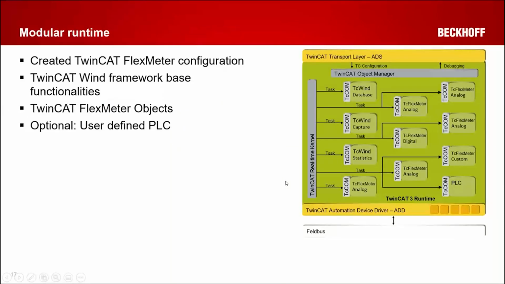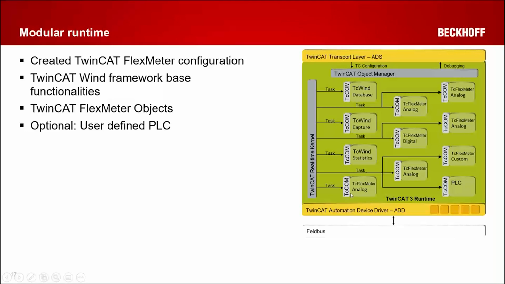In the end of the day, we are using for TwinCAT FlexMeter our modular runtime, as Niels explained before. So in our example, we are using a lot of different TcCOM objects, which are called directly from our real-time. So we have base objects like the database access or storage, or capture raw data and capture statistic data. And next to the standard TwinCAT Wind framework functionalities, we have instances for each channel from FlexMeter to log data to the database.